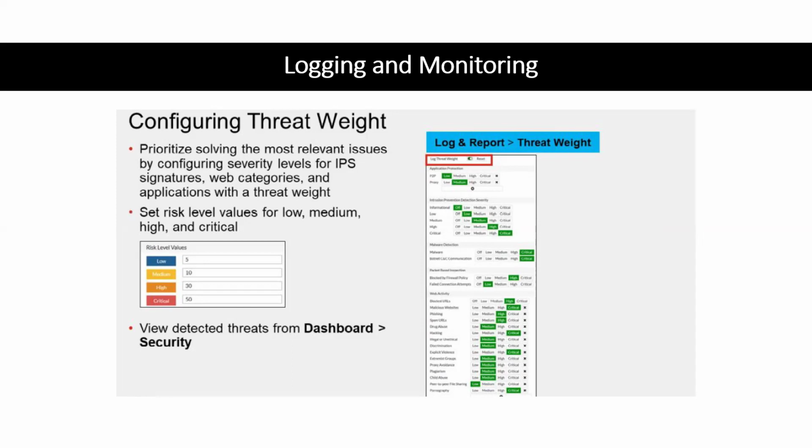All right. And the big thing here is, I don't want you guys to panic. Configuring the threat weight is not going to have any effect on what action the configured UTM profiles take on traffic that's passing through. This is mostly just for logs.